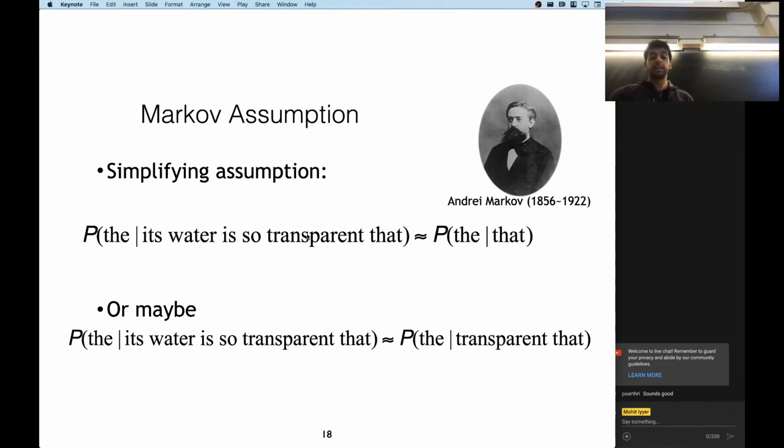We could approximate this probability by chopping off everything in this prefix except just the last word, right? Now it's much more likely that I will observe occurrences of the word "that" in my corpus, and I can look at all of the words that follow it, and probably have enough data to get a reasonable estimate of this probability.